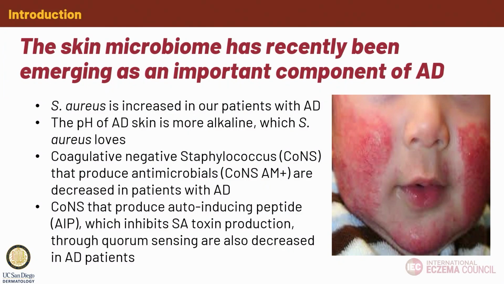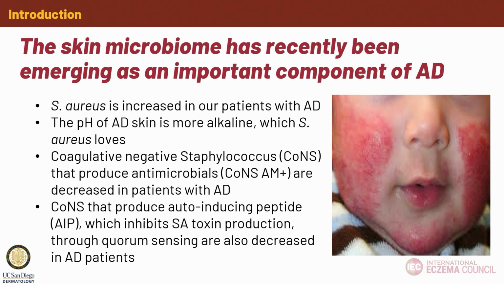Switching gears, I would love to talk about the skin microbiome, which has been a hot topic in the field of dermatology for the past few decades. As you may know, Staphylococcus aureus is increased in patients with atopic dermatitis, as highlighted by Dr. Leyden et al. in a 1974 paper. The pH of AD skin is found to be more alkaline than acidic, which S. aureus loves.